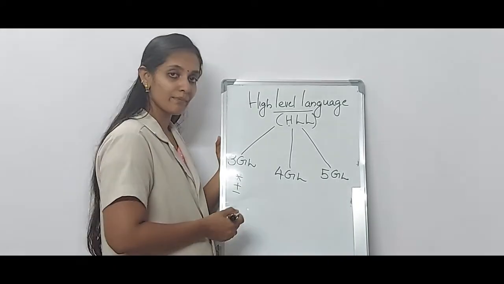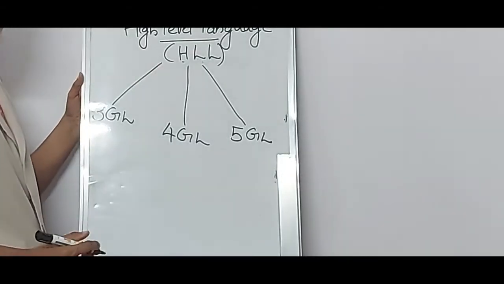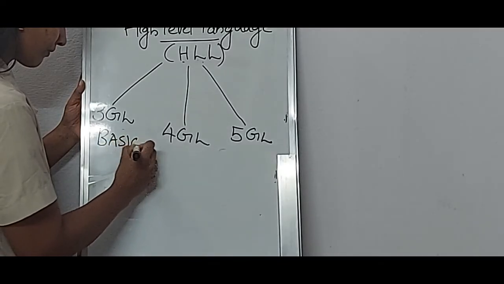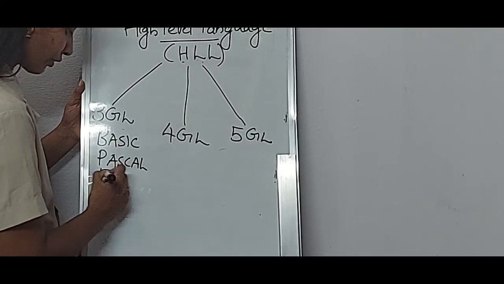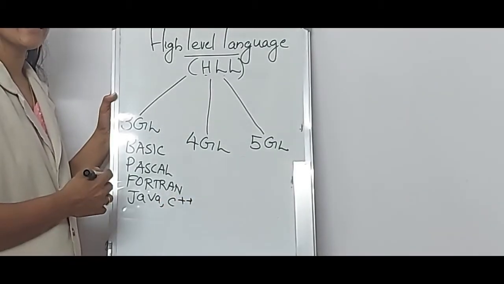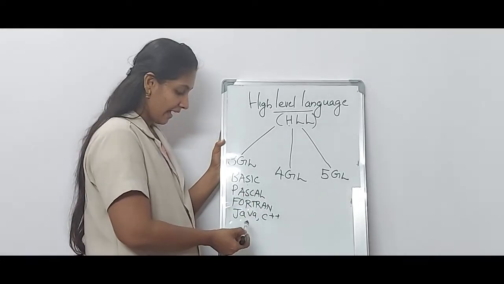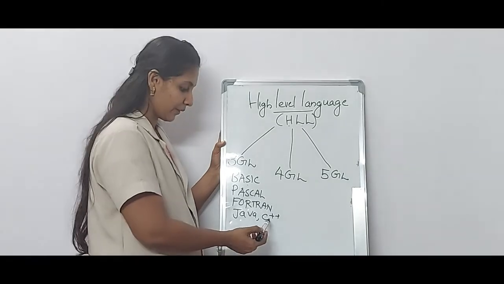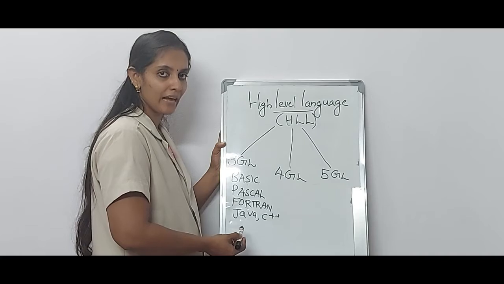Examples of third generation languages are Basic, Pascal, Fortran, and C++. Java and C++ are some advanced third generation languages.